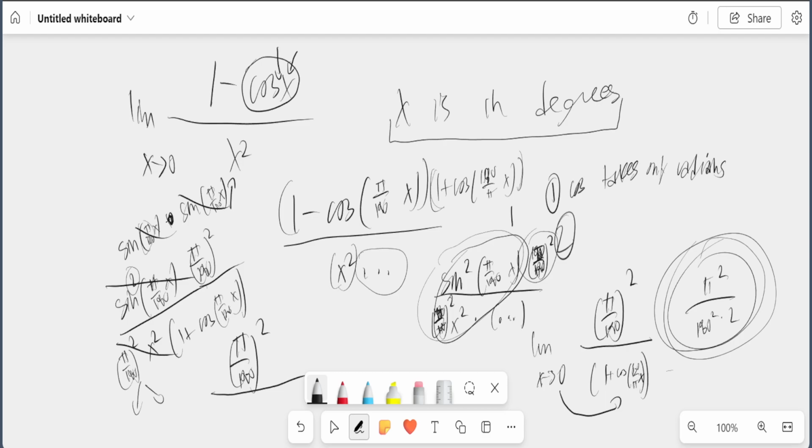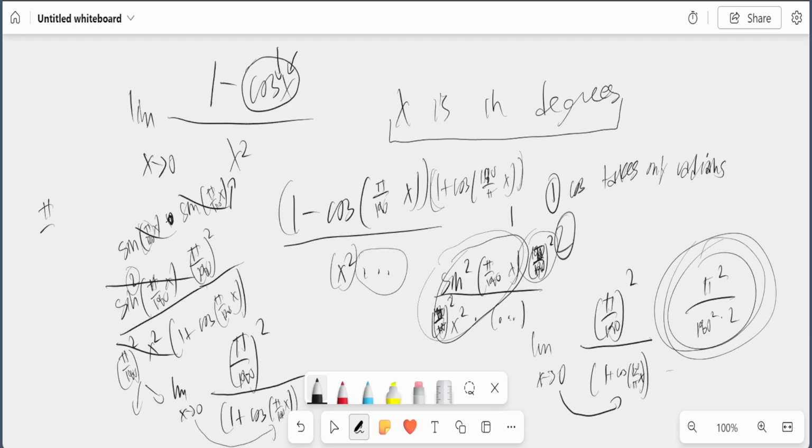So pi over 180 squared, all over 1 plus cosine pi over 180 x, right? Limit as x goes to 0. So you plug in x equals 0 now that you can. So that's 1 plus cosine 0, so that's 2 on the bottom.